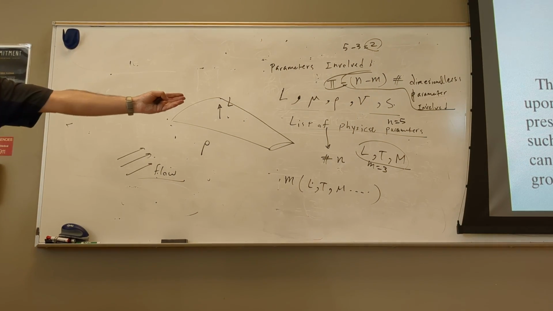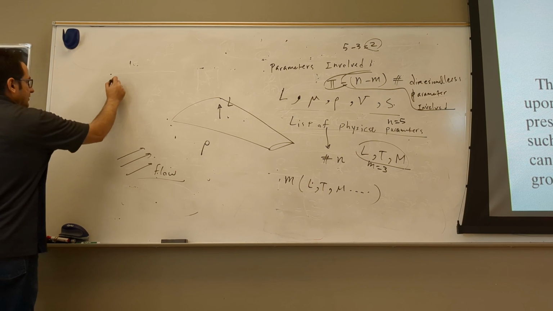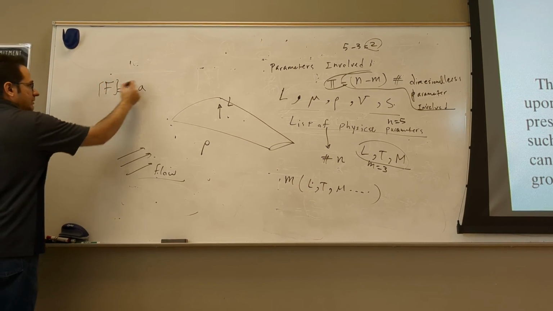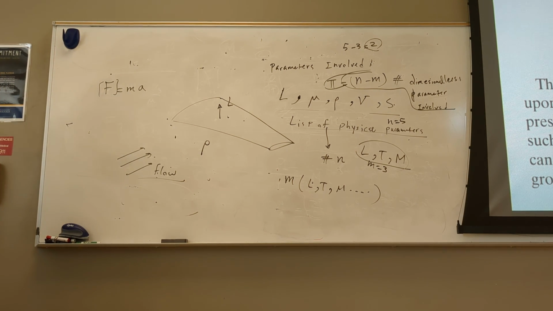How do you find them? You just do the same thing. You remember we did a physical analysis? Take the dimensions and then make sure that the dimensions match. You do the same procedure, which I'm going to do next class, and then you can find all the dimensionless parameters. It's very easy. Once you do it once, I hope he gives something like this in the final exam, because the procedure is very routine and you can memorize it. All right?